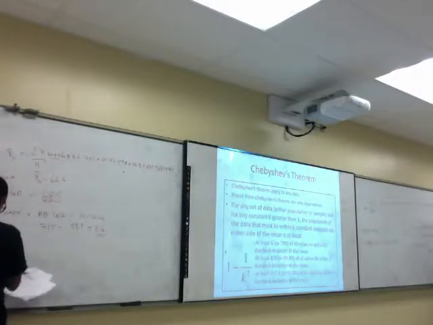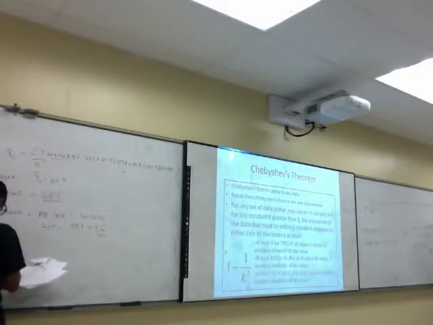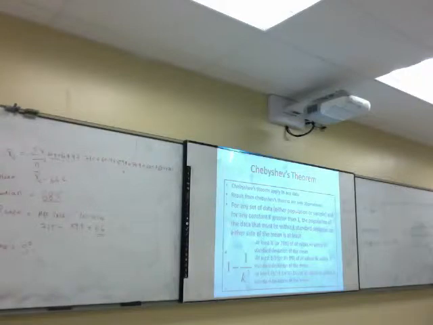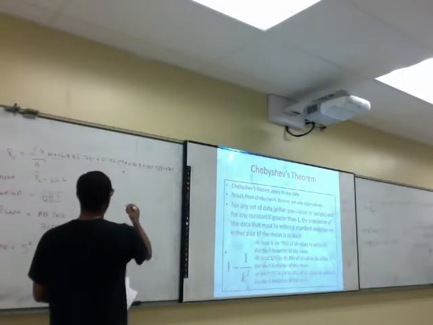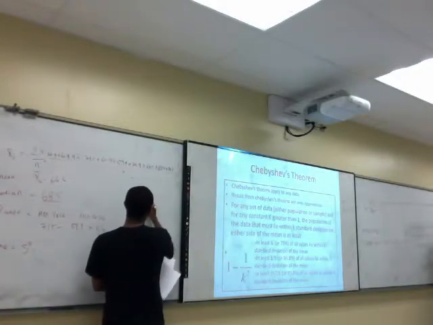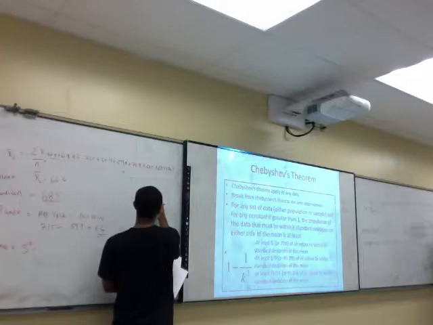Now, the variance equals S squared, because we're dealing with a sample. For a sample, you have to be very careful that S squared, the variance, equals the sum of all my individual values minus the mean, squared, divided by n minus 1.